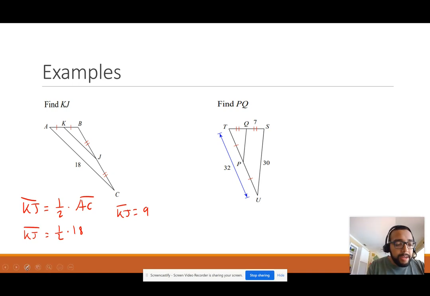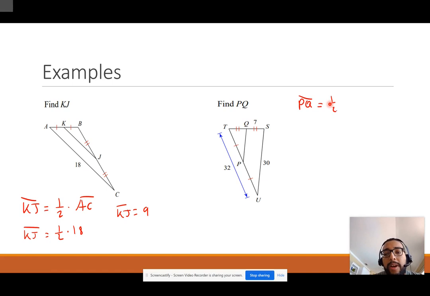And so let me get my laser pointer out. That means my two lines that are parallel to each other will be my mid segment and my base respectively. So in this case, we'll say PQ and US. Those are our mid segment and base respectively. So PQ is 1/2 times my base.